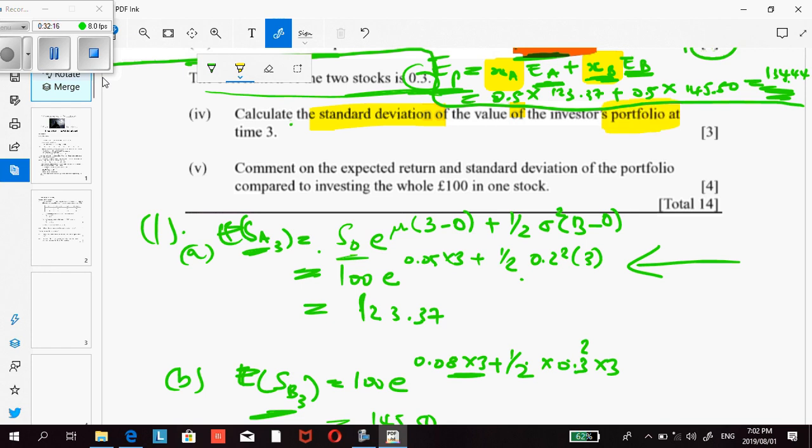Note the key word here: we have a portfolio at time 3. Time doesn't matter for portfolio theory. You recall your formula from portfolio theory for the variance of your portfolio. The general expression is a double summation of xi, xj, cij.